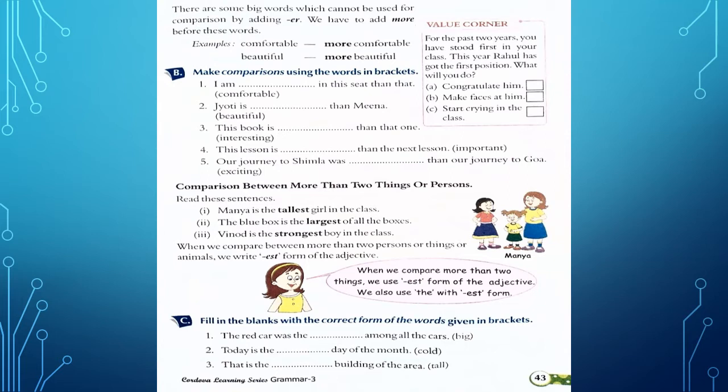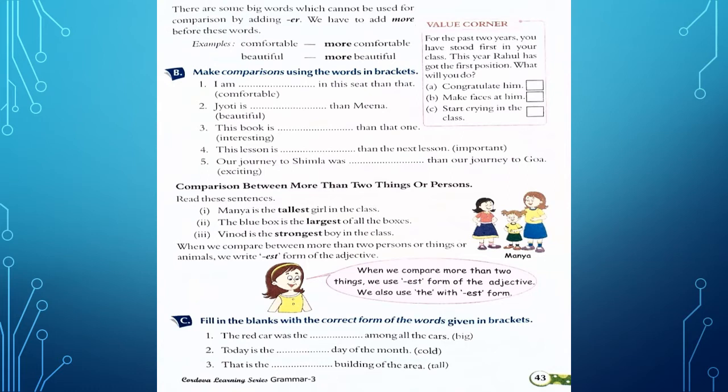Now, comparison between more than two things or persons. Children, till now we have learned about comparison between only two things. Now we will learn comparison between more than two things or persons.